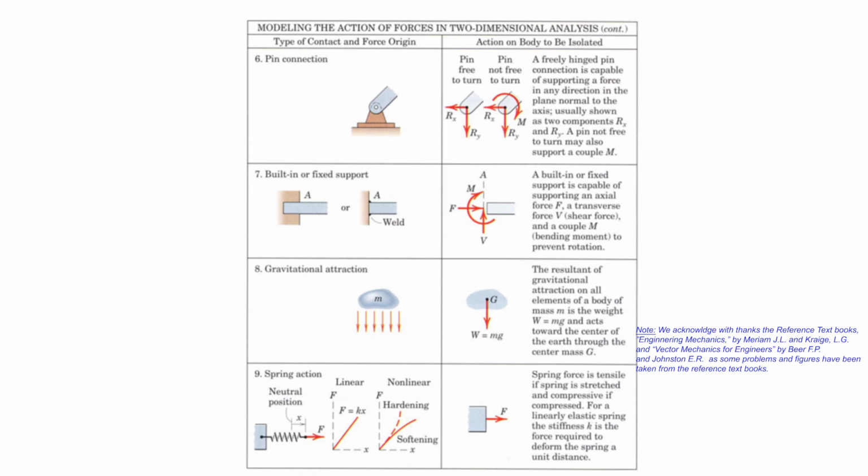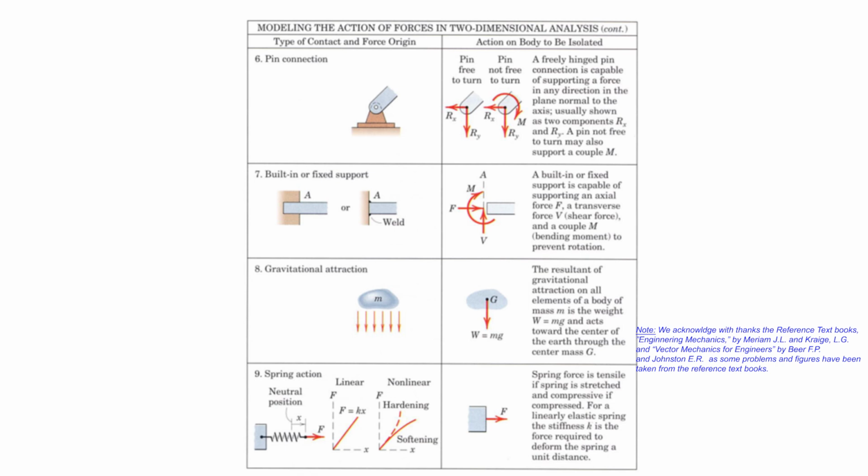And then number 7 is about a built-in fixed support. This is actually what we were talking about just now. The whole thing is rigid. A is a rigid connection, welded. Maybe it's grouted: if it's concrete, it's rigidly grouted into the vertical wall. Or in mechanical things, it can be welded to another steel member.